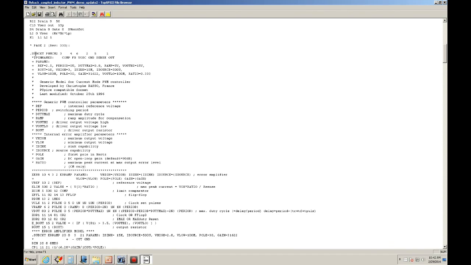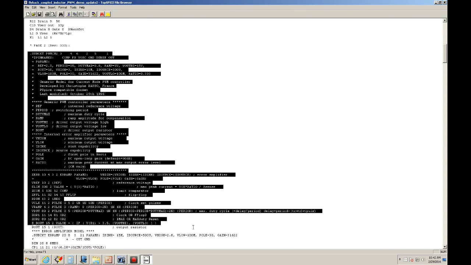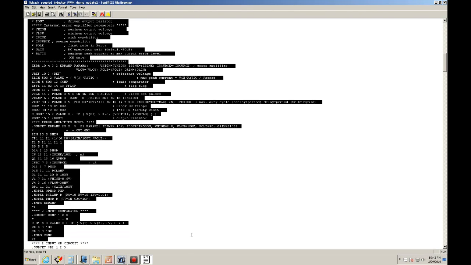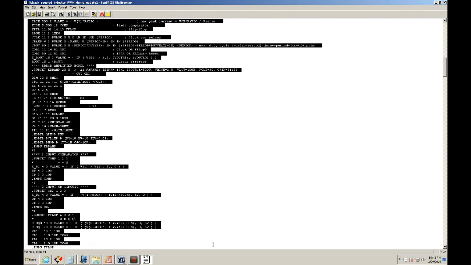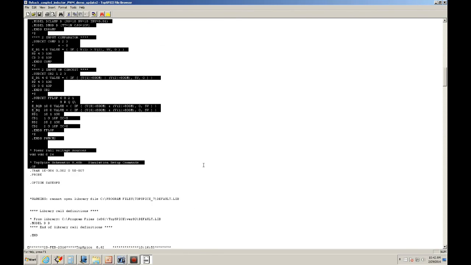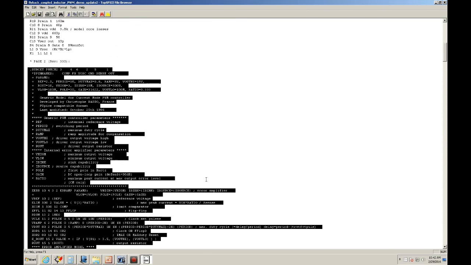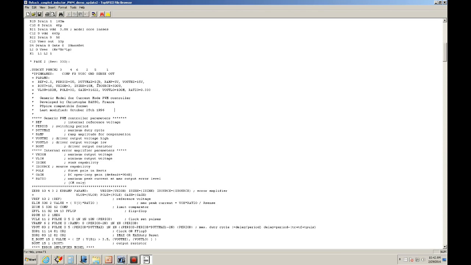If you notice, this is the netlist. I believe it comes up to here, and that. So that's the code associated with the PWM. Again, this is one that was developed by Christophe Basso.